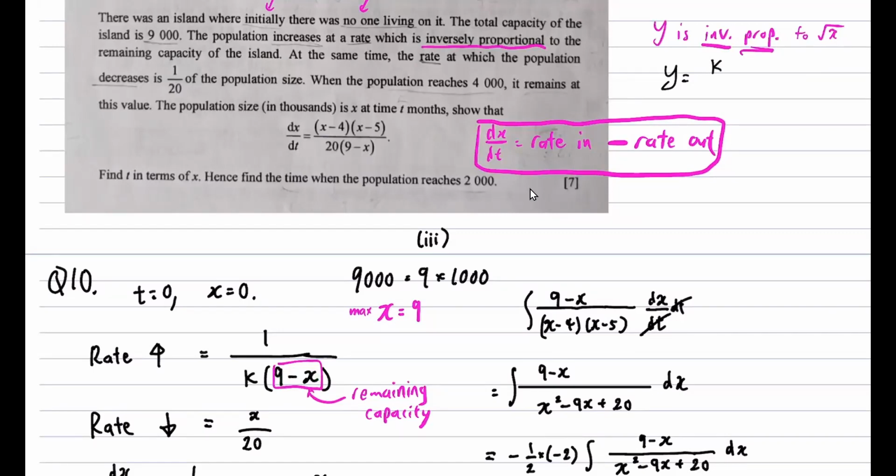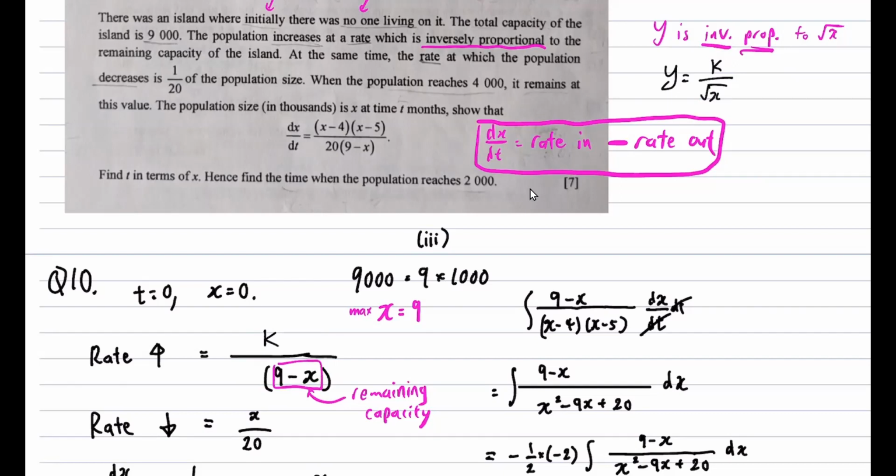Like k divided by the square root. Oh, yes, you're correct. Oh, sorry, I made a mistake here. This shouldn't be a k at the bottom, it should be a k on top. Yes, correct. k over square root of x, right? Yes.